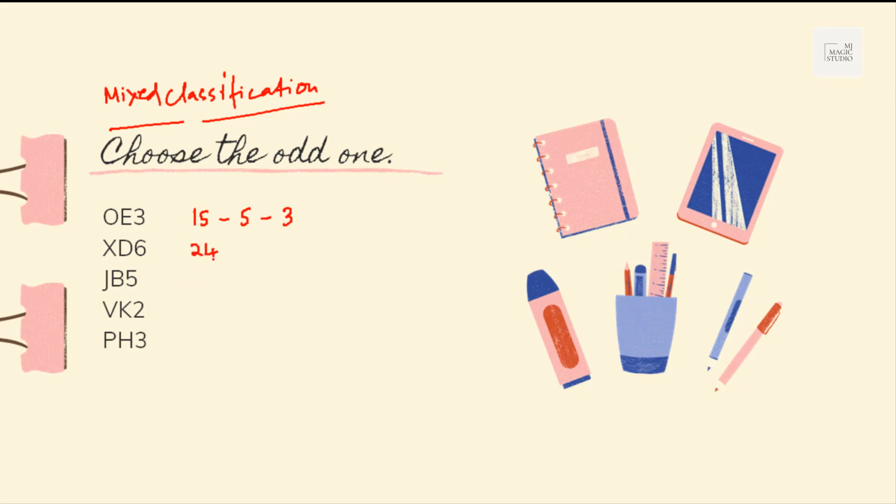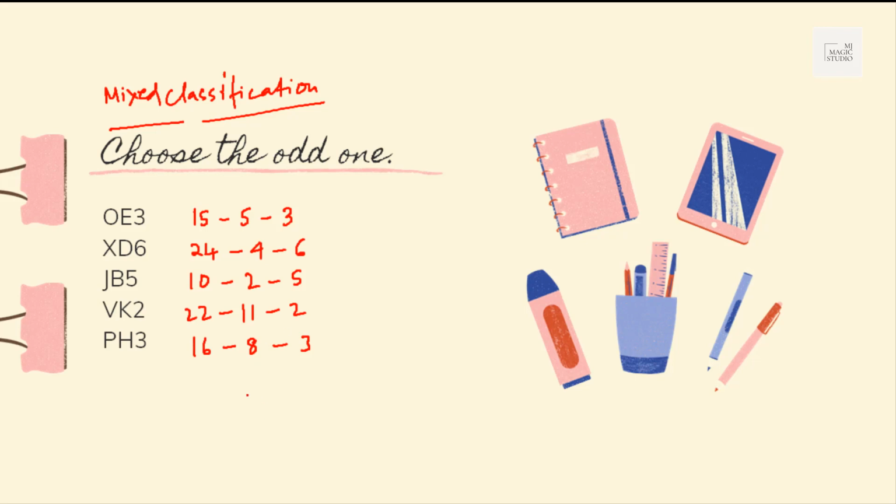X is 24th, D is 4th. J is 10th, B is 2nd, V is 22nd, K is 11th, P happens to be 16, and H is 8 and it is 3.